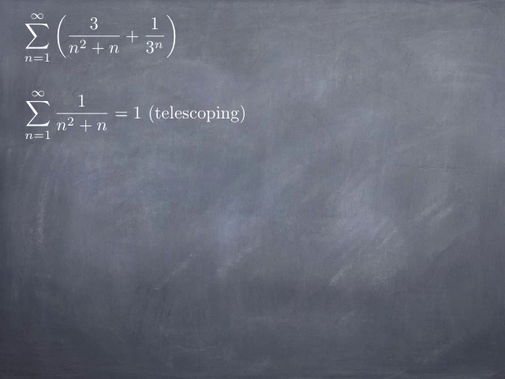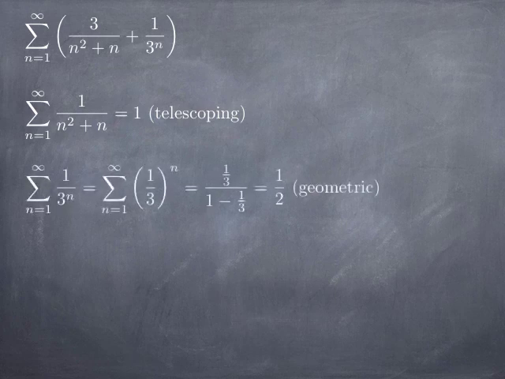Now, illustrating the result we had before, let's say we want to calculate the sum of the series from n equal 1 to infinity of 3 over n squared plus n plus 1 over 3 to the n. We have seen, using this telescoping sum, that the series of 1 over n squared plus n is convergent and is equal to 1.